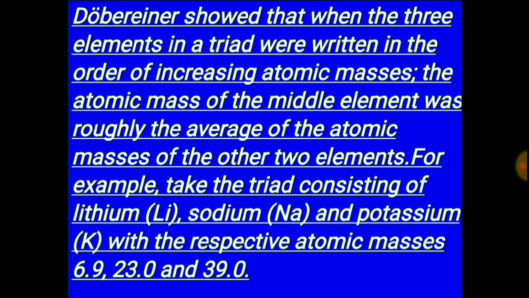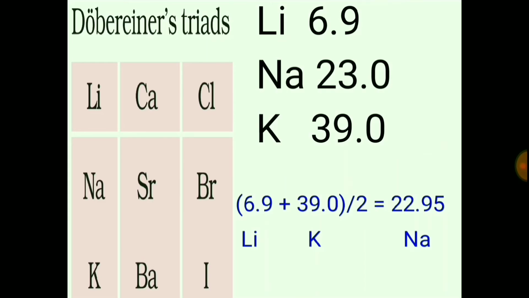For example, take the triad consisting of lithium, sodium and potassium with the respective atomic masses 6.9, 23.0 and 39.0. You can see here in the figure there are 9 elements in Dobereiner's triads.